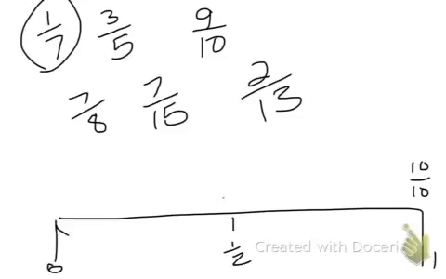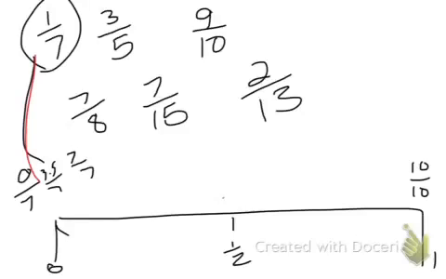So let's start by looking at 1/7. One whole out of sevenths would be 7/7. 0 would be 0/7. Half, well, half of 7 is 3.5. That would be half. So 1/7 would be closest to 0. So we would round that one to 0. Seven-eighths.